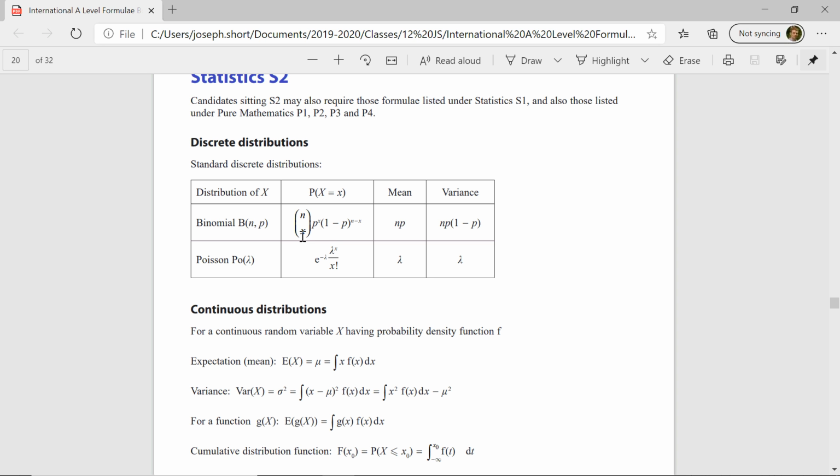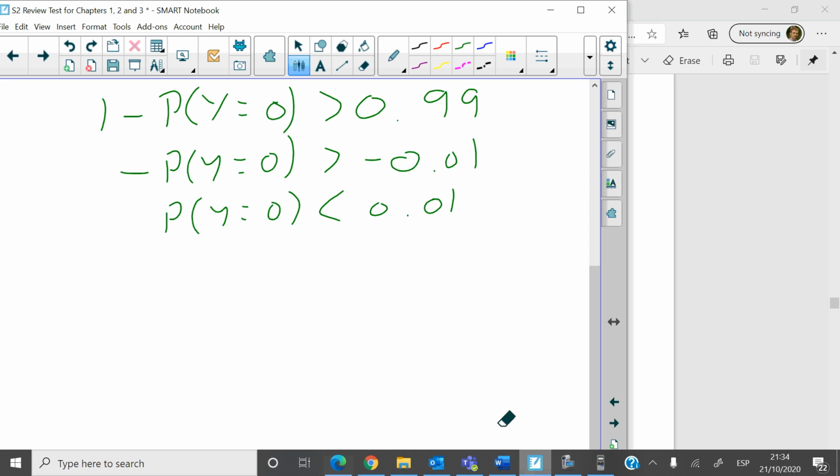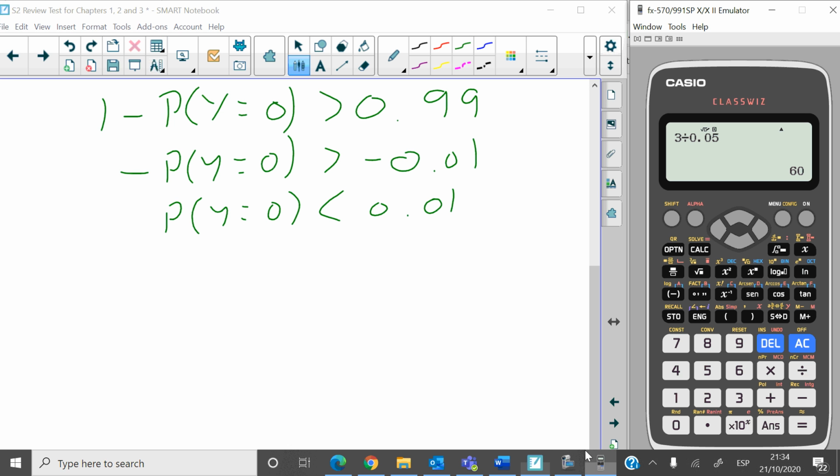Well, n choose 0, no matter what n is, is 1. p to the power of x, anything to the power of 0, is still 1. So these first two bits are gone. All you're left with is 1 minus p to the power of n minus x. And again, x is 0, so it's 1 minus p to the power of n. It's the case where we only have failures in our binomial model.